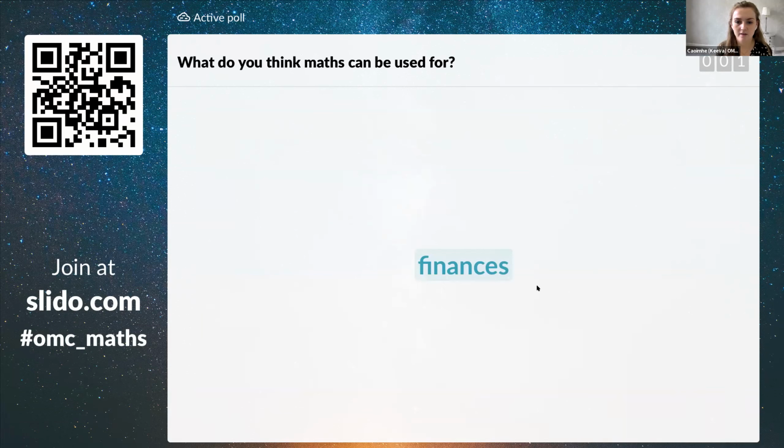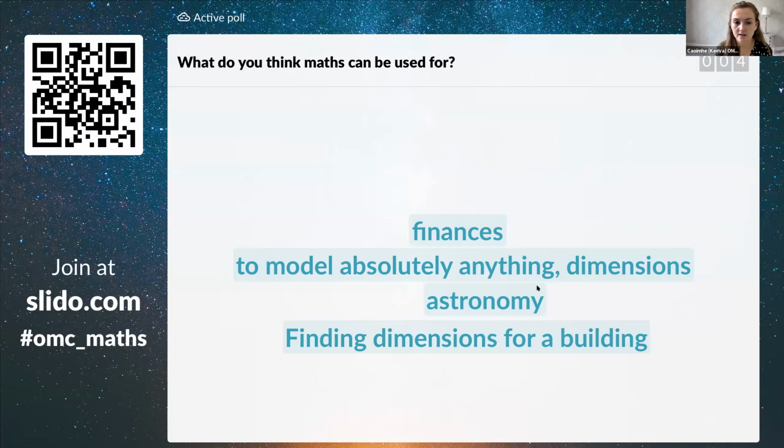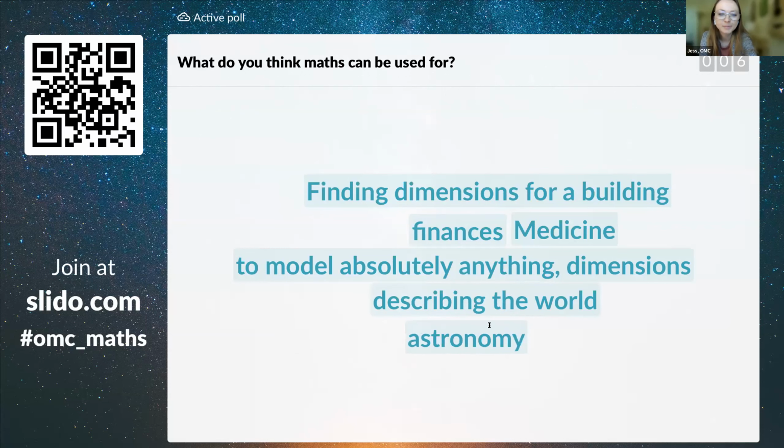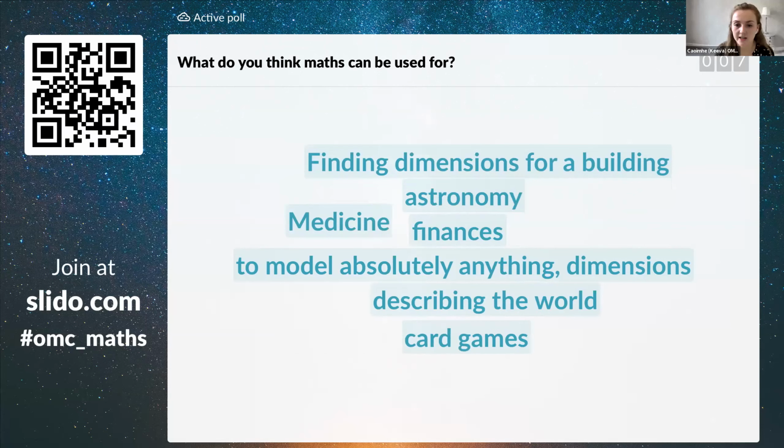Finances, great one. That was actually what a lot of the people in my undergraduate classes would have gone into. To model absolutely anything, dimensions, astronomy, excellent. Medicine, yeah. Quantitative finance, excellent.